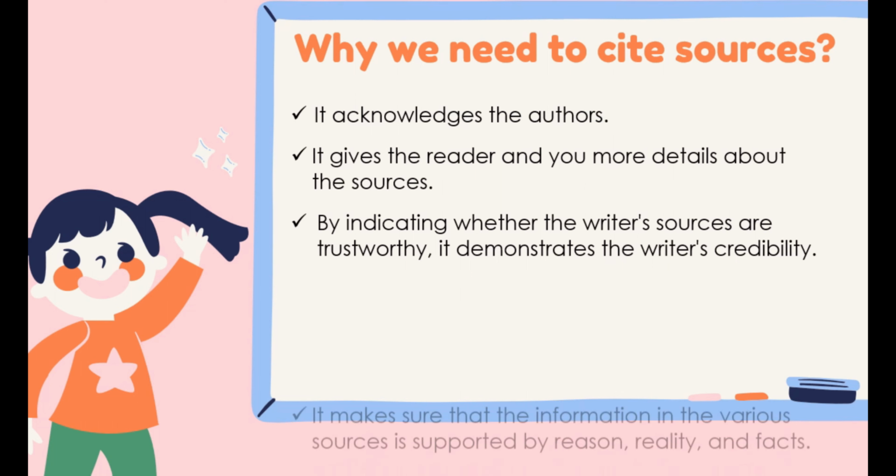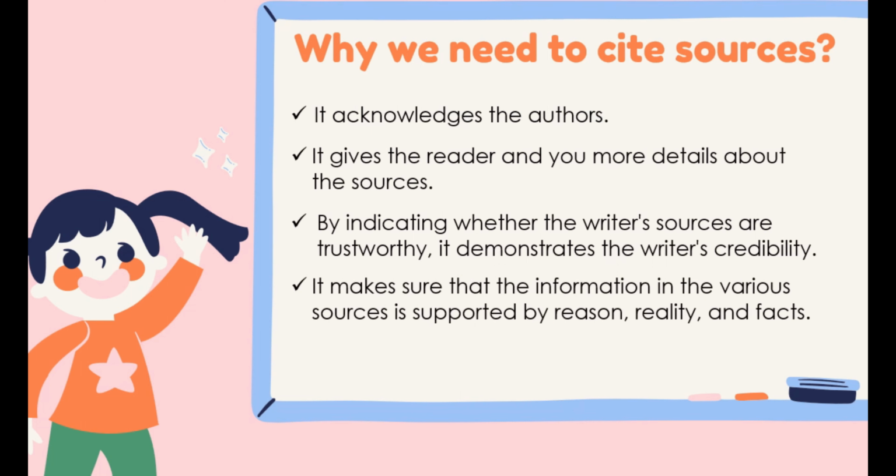And of course, it makes sure that the information in the various sources is supported by reason, reality, and facts. And last, it prevents plagiarism because it shows which ideas are yours and which ideas belong to another person. I hope you will remember those important reasons why we need to cite the sources.